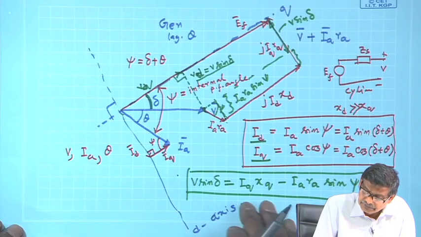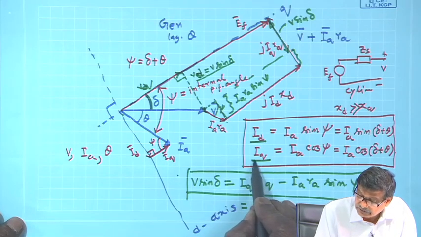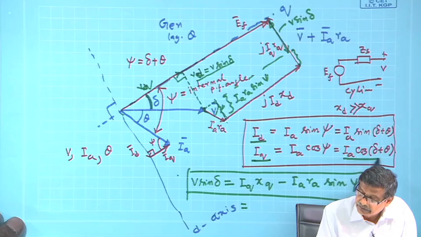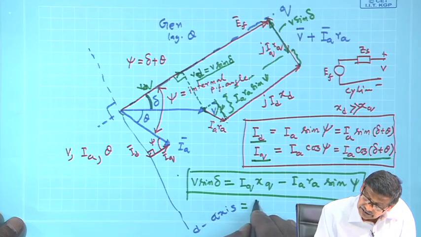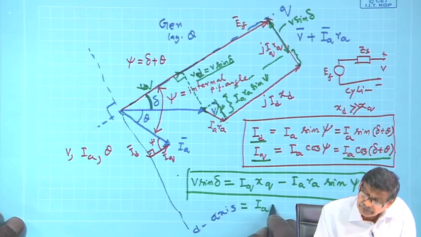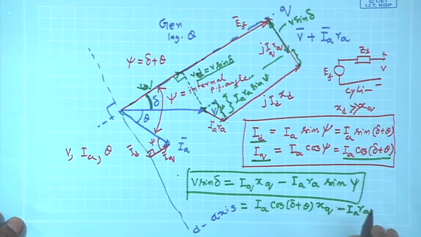So, what I will do is this, for I q I will put this value in terms of I A. So, I will write this as I A into cosine of delta plus theta into x q, x q will be known to me, minus I A R A into sin psi.